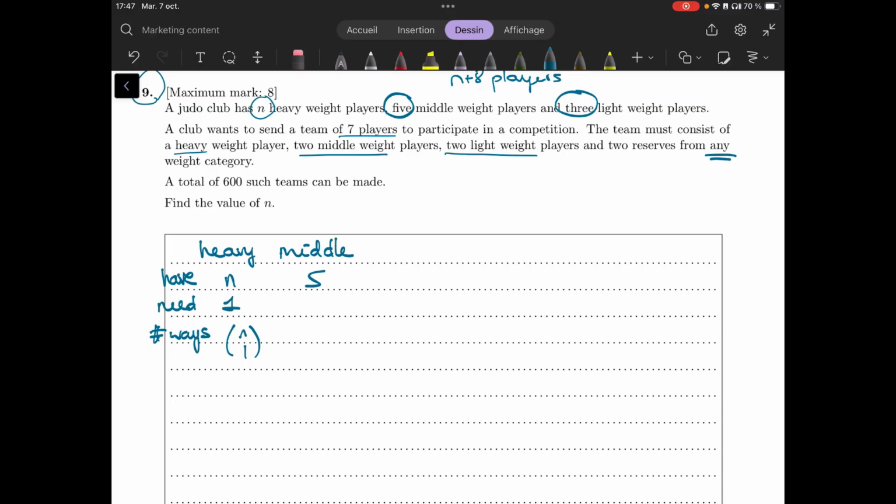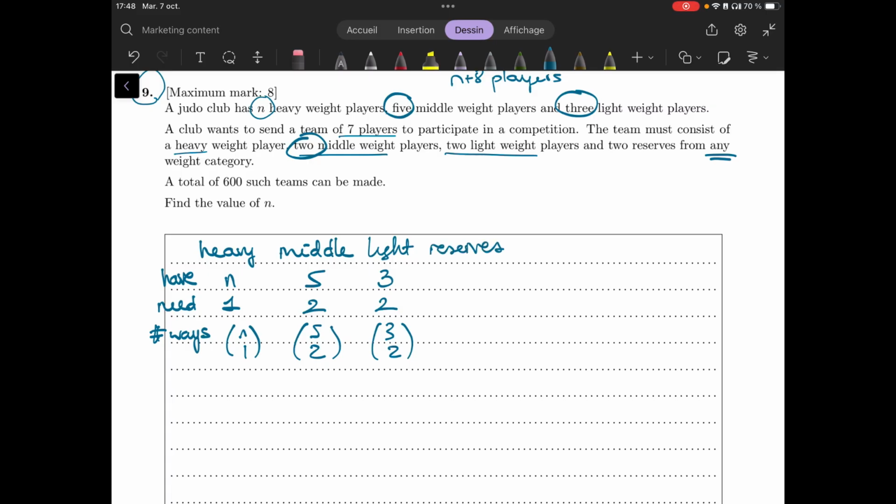How many do we have? 5. How many do we need? 2. How many ways can we choose 2 from 5? 5 chooses 2. Lightweight. How many do we have? 3. How many do we need? 2. How many ways can we choose? 3 chooses 2.